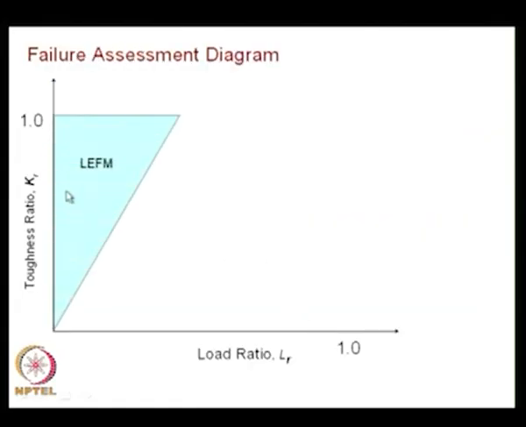People had looked at very small load ratios, where it is essentially in the domain of linear elastic fracture mechanics. I think you need to make a sketch of this; it is a different figure than what we had seen earlier, and it gives you an appreciation of how people have approached fracture mechanics, and we always borrow some of these ideas from what we know in conventional design analysis.